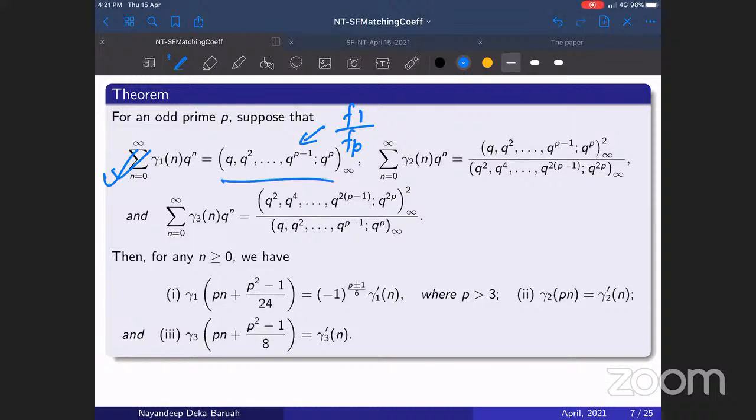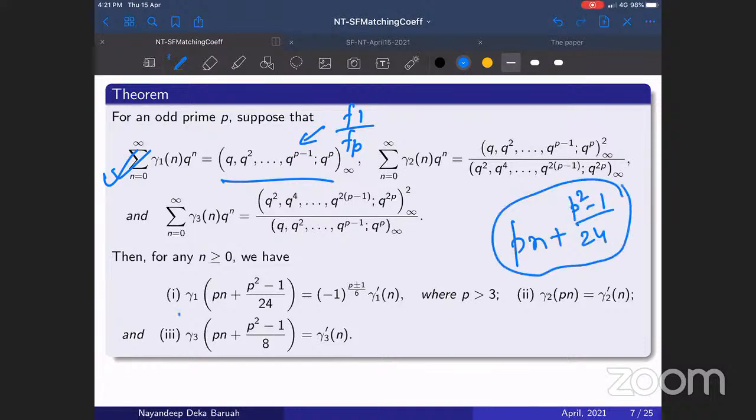Okay. So if we take gamma 1 as this one and the inverse of that as gamma 1 prime, then you equate the coefficients of pn plus p square minus 1 by 24. So we equate these coefficients. So therefore we get that your gamma 1 of this one is equal to this one.